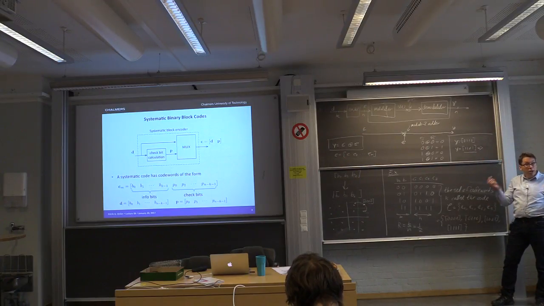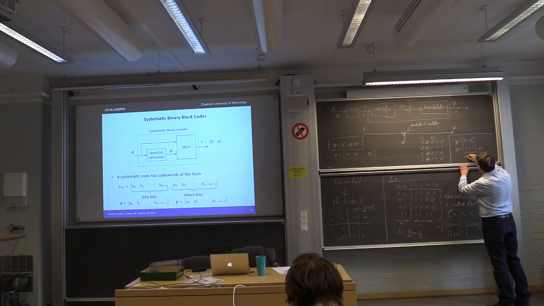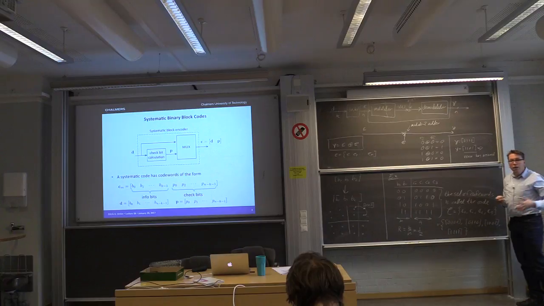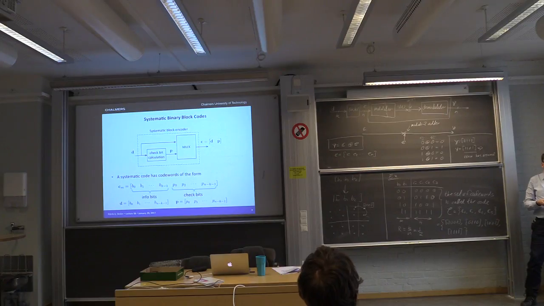Hence, an error must have occurred. There is no other explanation. And when that is the case, we throw away the data and we tell the transmitter, could you please send the data again? I don't believe I received the right answer here. Okay.